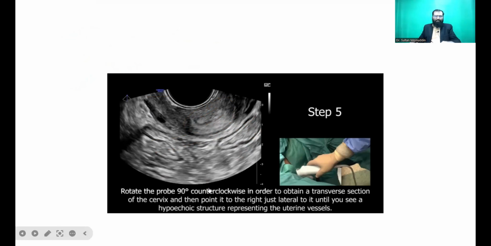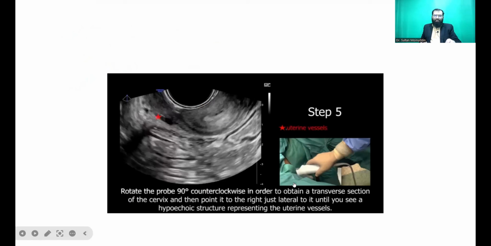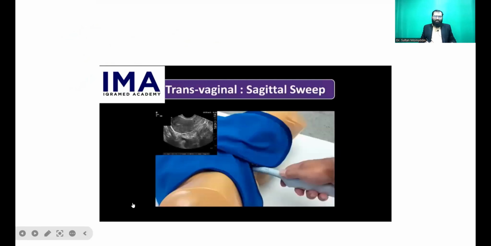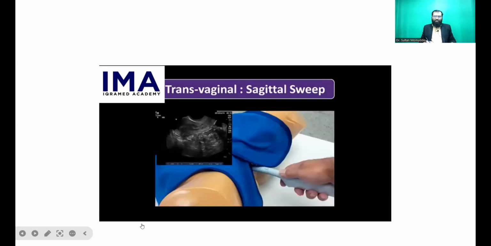So now let's move ahead. Whenever you want to take the transverse section of anything, you just move the probe by 90° and you would be able to see the transverse section of the image. Now I hope this becomes very clear, and here is another video which would help you.